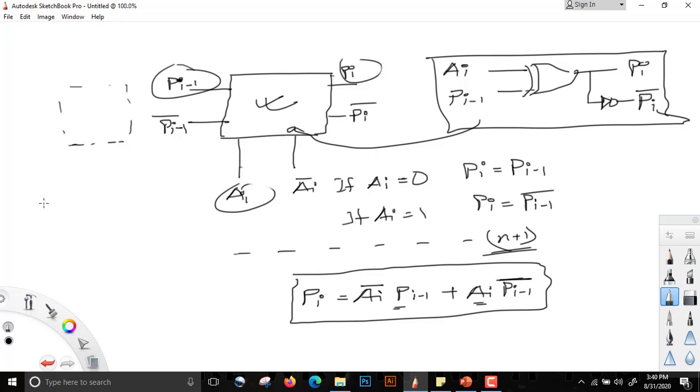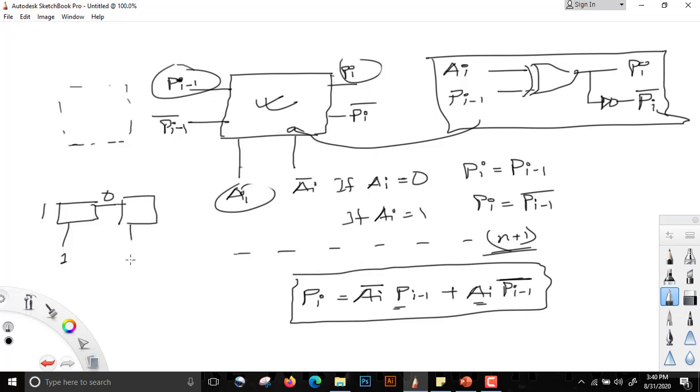For example, let the first digit be 1. If the first digit is 1, then obviously Pi would be, initially there was neither even nor odd parity. So if the first input is 1, it will become odd parity and the output will be 0.